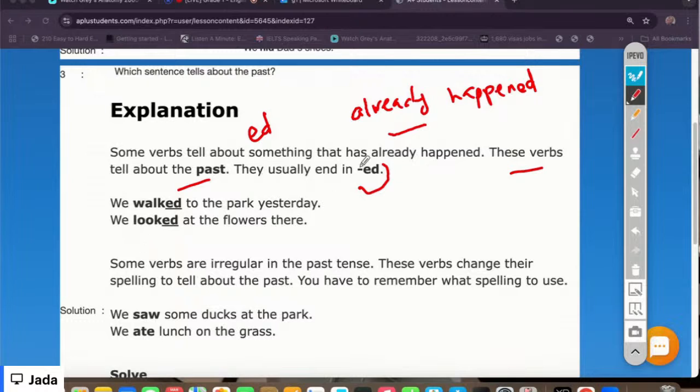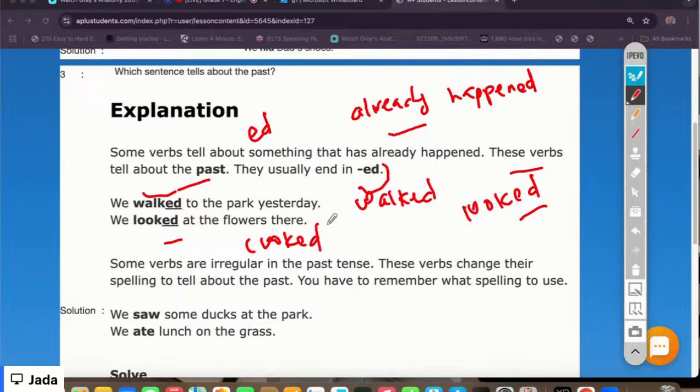Right? So just like we walked to the park yesterday. You can see the verb walk has ed, which makes it past tense, so walked. We looked at the flowers there. Now we have looked and it's also in the past with ed. It could be cooked, it could also be danced. All right, so all these are in the past that end with ed.